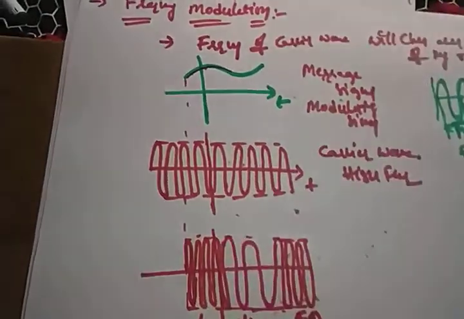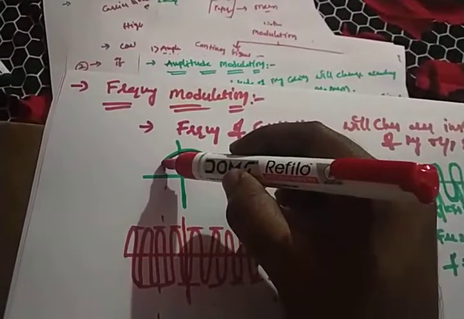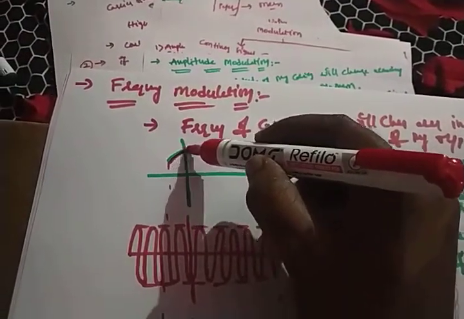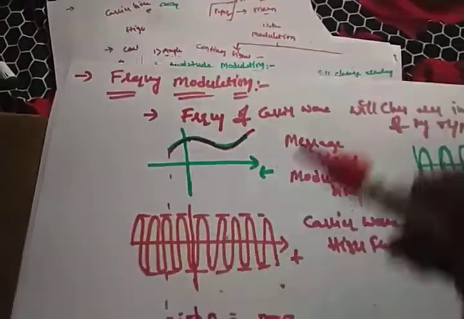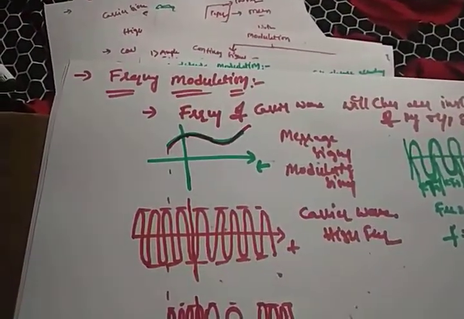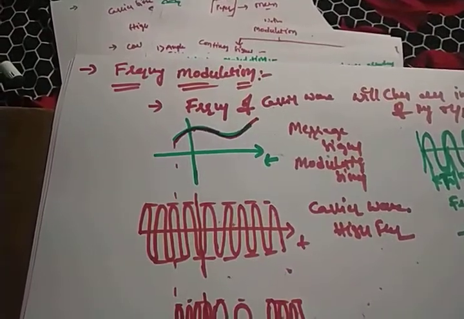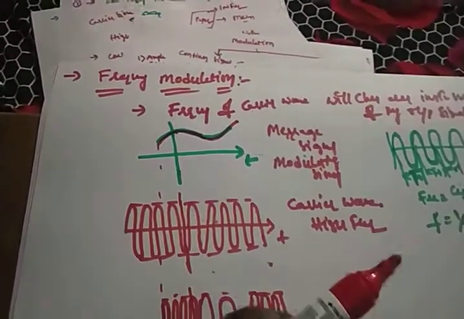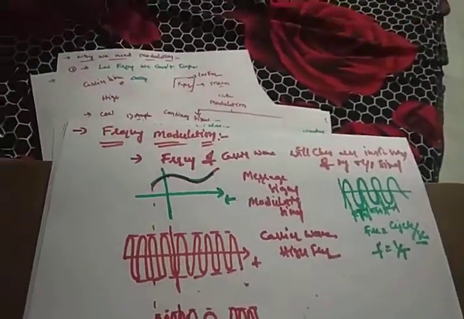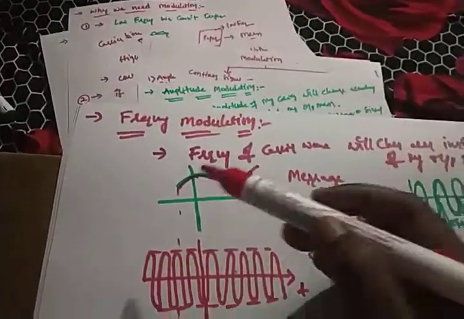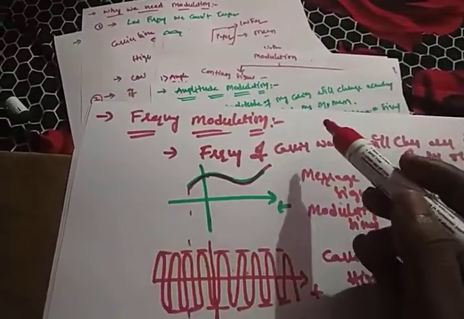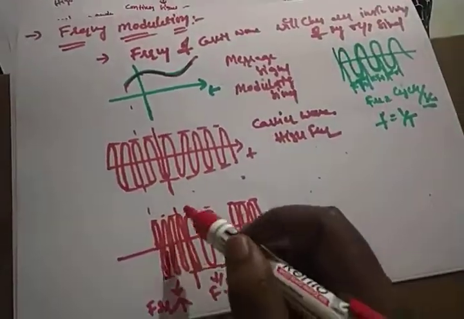After that it increases. In this portion my frequency increases, after that decreases, after that increases, but my amplitude never changes. In amplitude modulation, the amplitude changes but the frequency is constant. In frequency modulation, my frequency changes but the amplitude never changes.